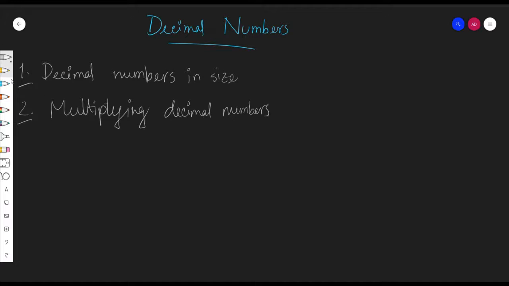All right, now let's come to number one part. Write down the decimal numbers in size order. How can we sort the decimal numbers? We can sort decimal numbers in order of size by first comparing the whole numbers, then the digits in the 10s place and the digits in the 100s place, and so on.